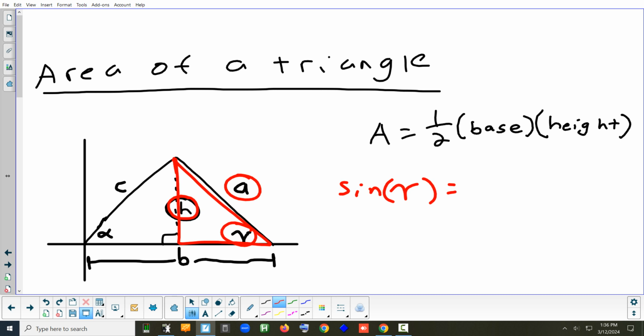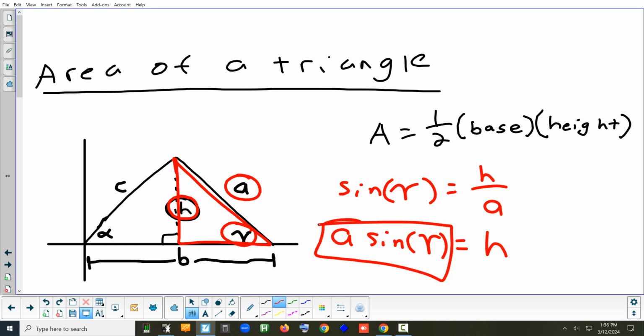That's A. So what do you get when you get H by itself? A times sine of gamma. Perfect. That's the height. So now fill that in for the height.